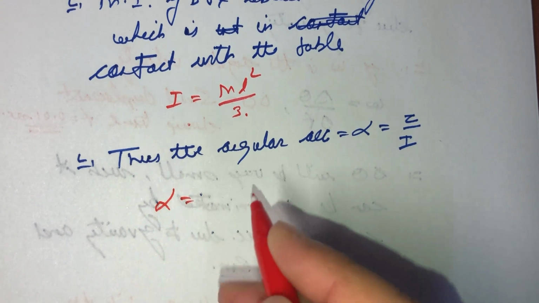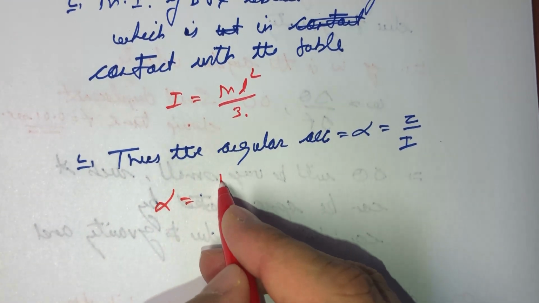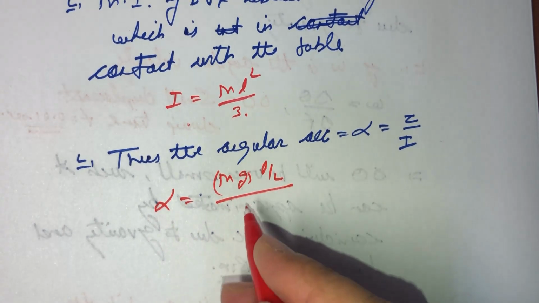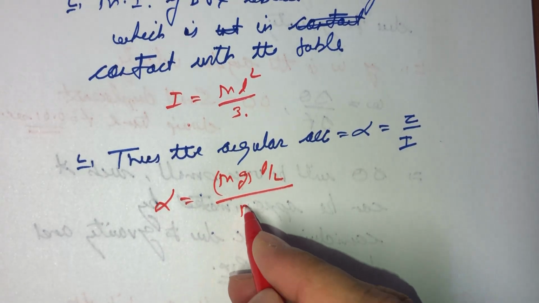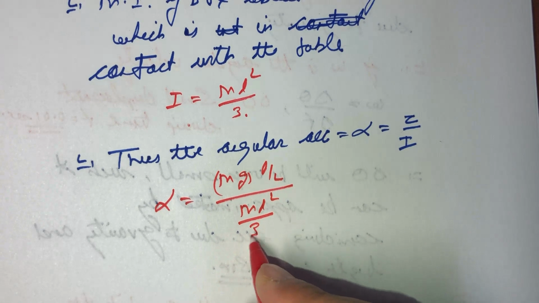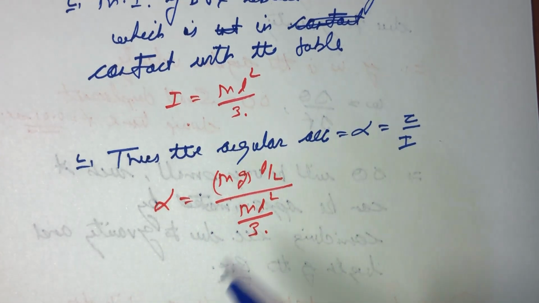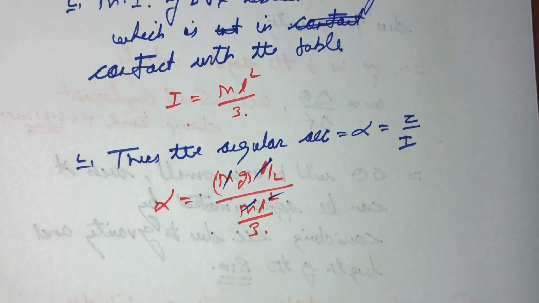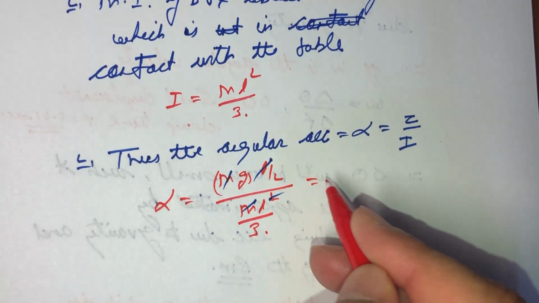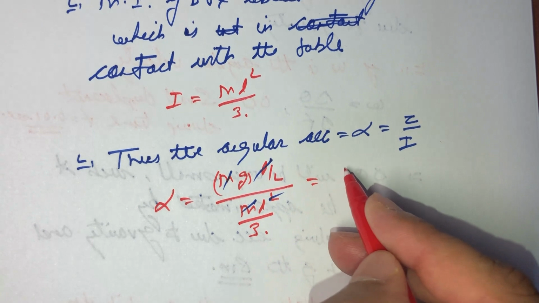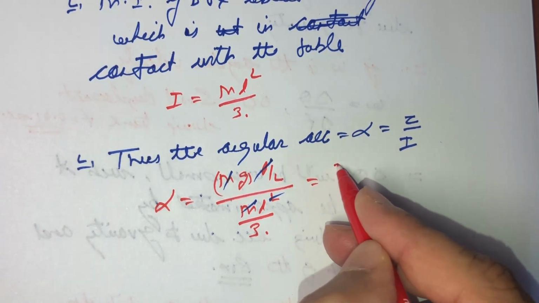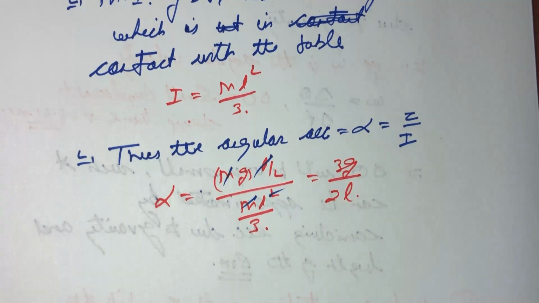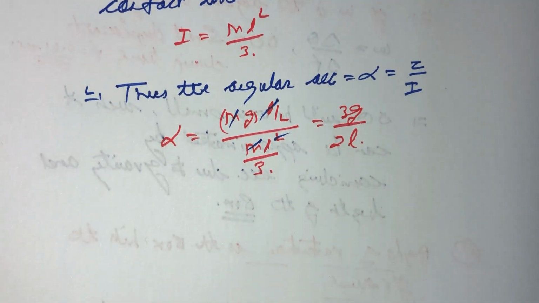We get alpha is equal to mg times L by 2 divided by m L square divided by 3. So mass cancels with mass, and this square cancels out with this L. So we get alpha equal to 3g divided by 2L. So this is our angular acceleration.